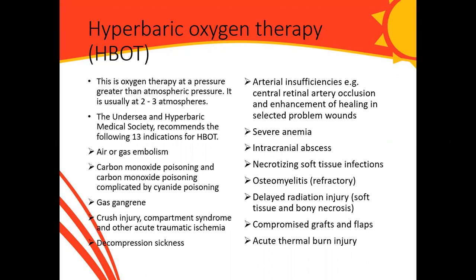In patients with severe anemia, intracranial abscesses, patients with necrotizing soft tissue infections, patients with refractory osteomyelitis, patients with delayed radiation injury, seen as tissue or bone necrosis, patients with compromised grafts and flaps, and patients with acute thermal burn injury. These are the 13 indications of hyperbaric oxygen as recommended by the Undersea and Hyperbaric Medical Society.